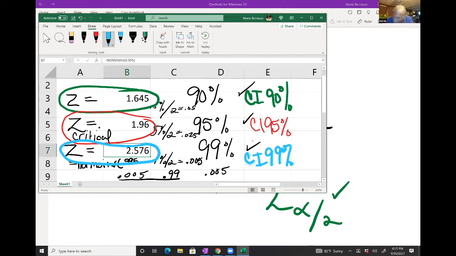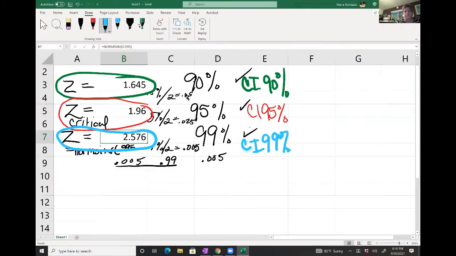This is NORM.S.INV, the normal standard inverse, but don't confuse apples and oranges. When I did NORM.S.INV, and you'll see that when you revisit the video, remember how I said in the previous example with 90% confidence, the 90% is in here.